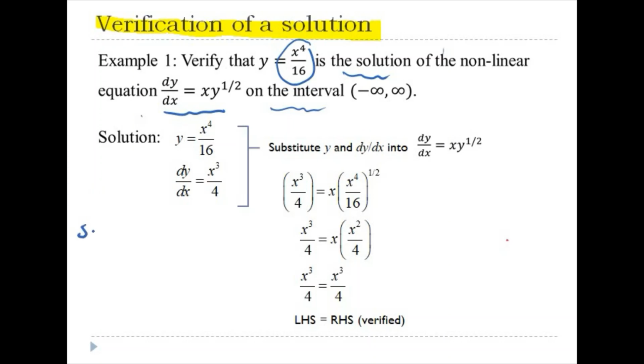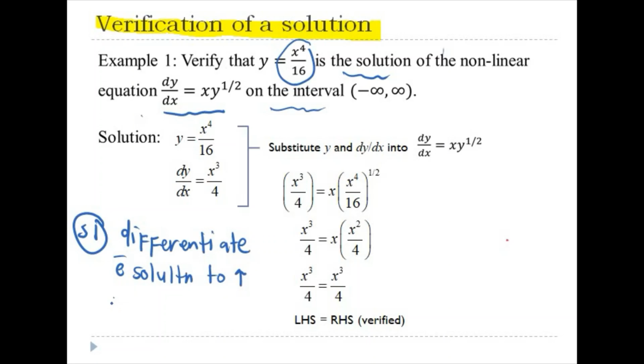What you have to do, first step, is to differentiate the solution to the highest order of the differential equation given. Here the highest order is 1. So differentiate the solution y equals x to the power of 4 over 16, and we get x cubed over 4. The second step is to substitute y and dy dx into the given DE, dy over dx equals x y to the power of half.